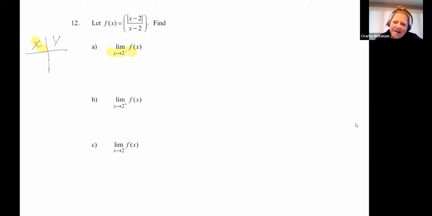And what is a number really close to 2 from the left? It would be 1.9. To get closer would be 1.99, and closer would be 1.999. So we can see where it's headed, right? I'm going to get out my calculator.